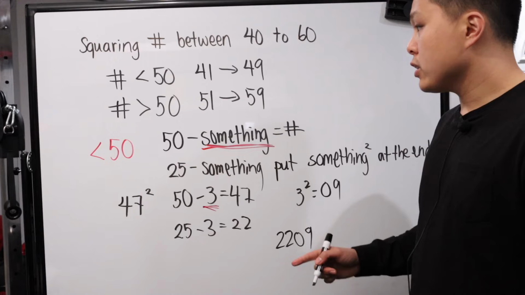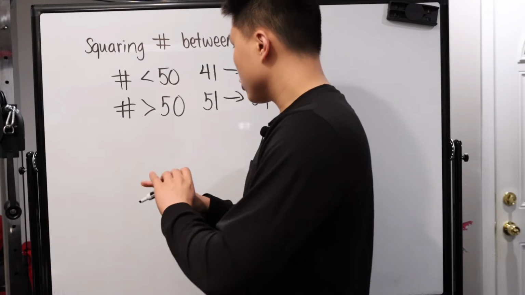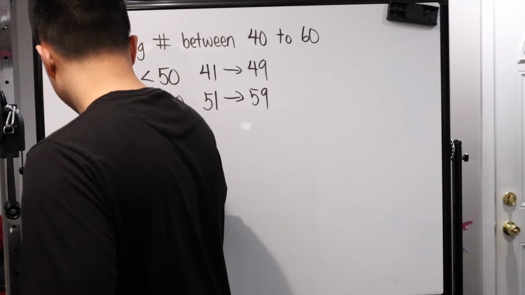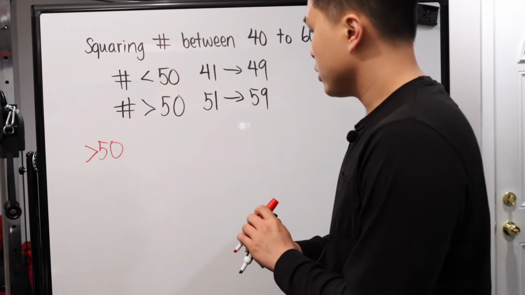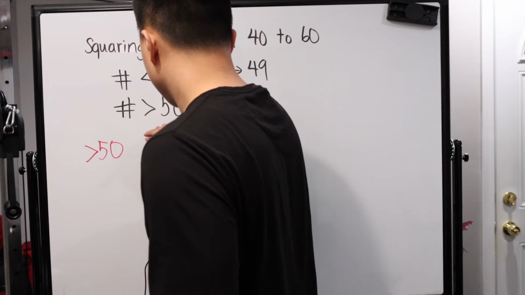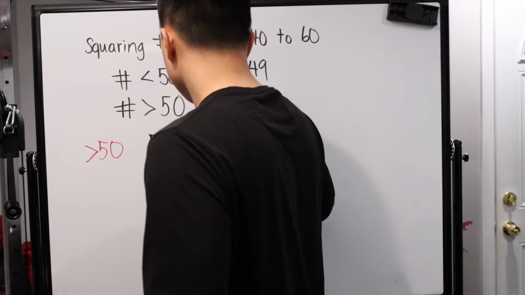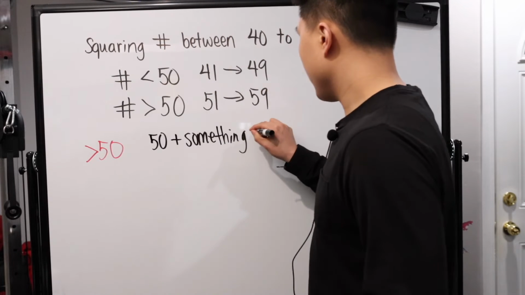Let's look at what happens when the number is bigger than 50. When the number is greater than 50, it's very similar to the previous rule. The only difference is this. Numbers greater than 50 are going to be 50 plus something rather than subtract, equals that number.